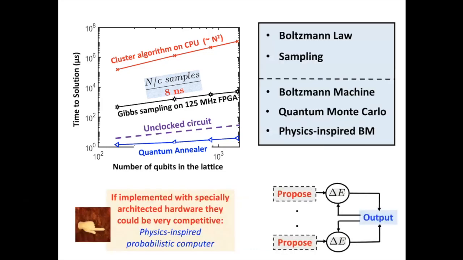So that's basically the message I wanted to convey: this Boltzmann law, Boltzmann machine, these are very general concepts, and there are lots of problems that can be mapped onto them, including many quantum problems. And these you could, of course, implement in software today on your laptop.